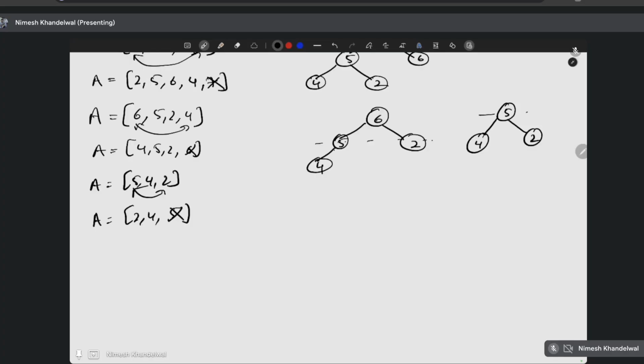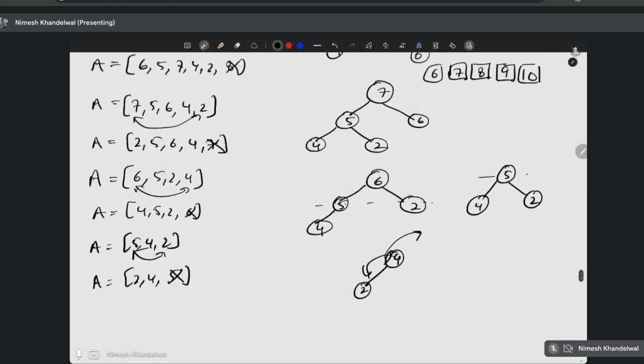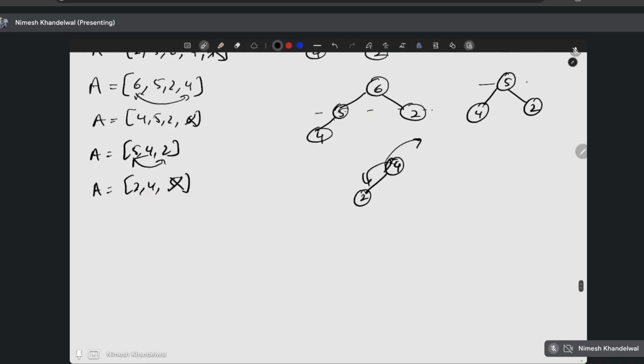We get rid of 5, and then we do the same thing for these two, right? Because this is unbalanced, this becomes 4, this 2, and then we replace 4 with 2, and then we kick 4 out. So finally we are just left with this reverse version of the sorted array. 4, 2.